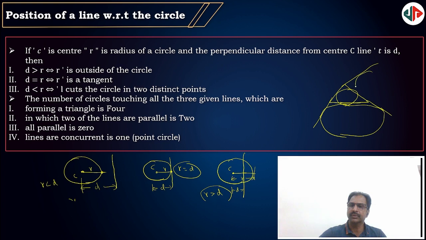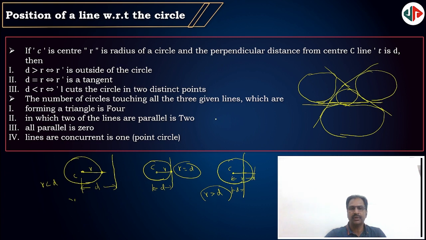You can draw one more circle by touching all the three lines here also. Similarly, you can draw one more circle which touches all the three lines like this. So how many circles can be drawn by touching all the three lines? If the three lines form a triangle, altogether 4. One is the incircle, the other three are excircles.